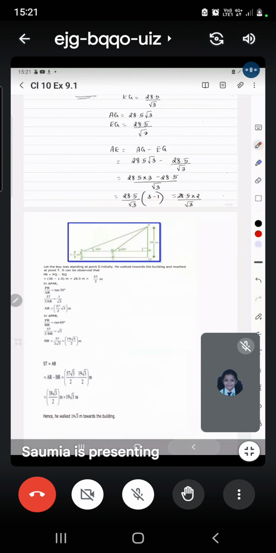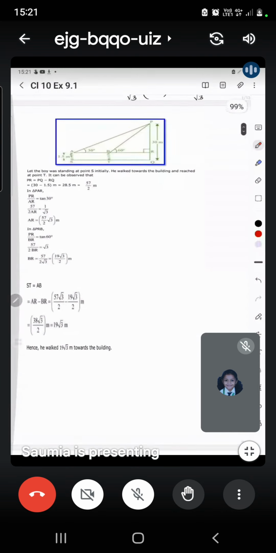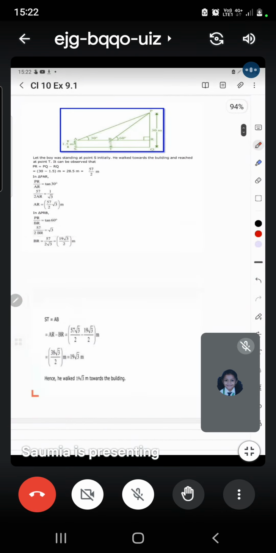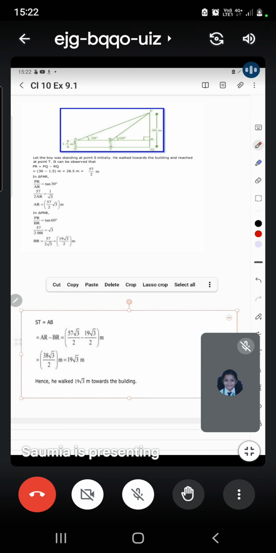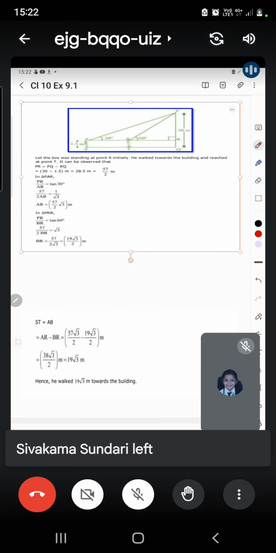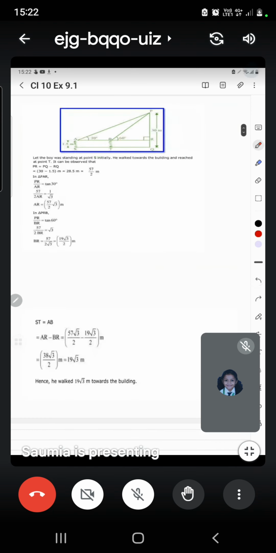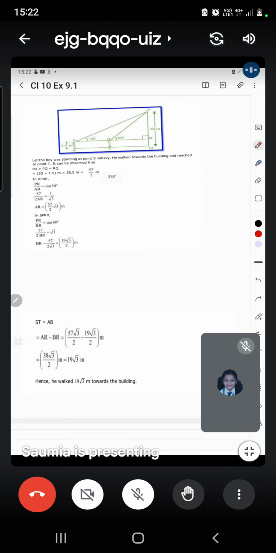Okay, so this is how you're going to write the answer. Let the initial position of the boy be S.